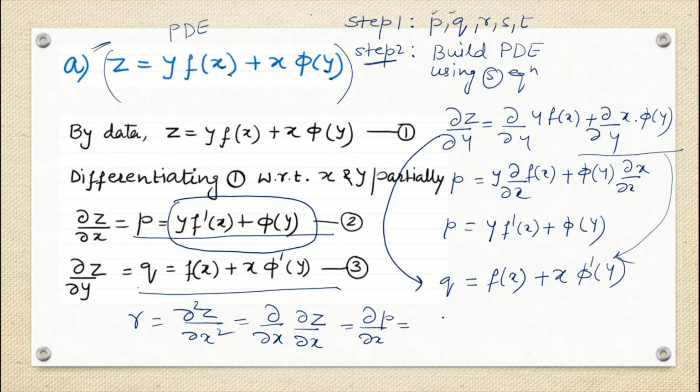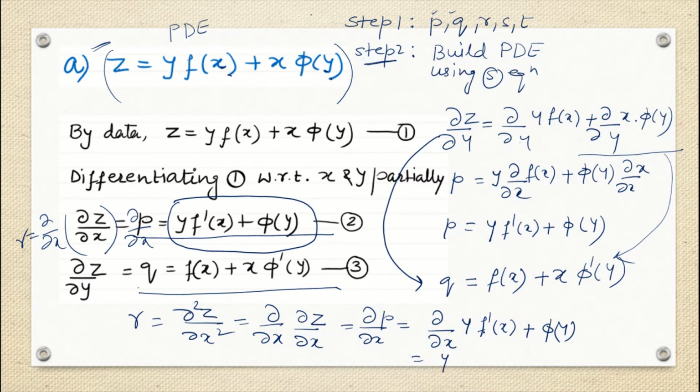Okay, so that means what I am going to do here, del by del x of p will be nothing but del by del x of y f dash x plus phi y that I have to find. That is okay. Because I am finding del by del x of this complete term, and this is nothing but my r. Okay, so if I am writing down here, y is constant with respect to x, and then del by del x of f dash x.